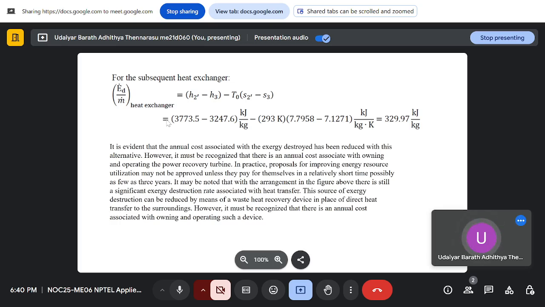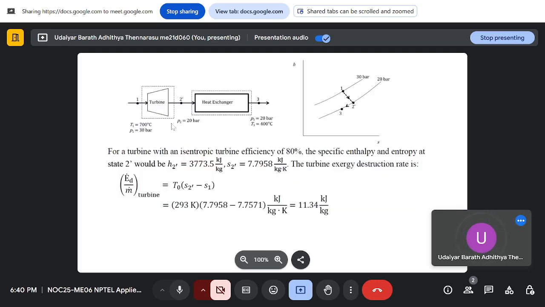So a company may choose the first one compared to the second based on their return on investment and how they can use the money and so on. If the return period is larger, then they may not go with the turbine, even though this is a more efficient process compared to the previous one.